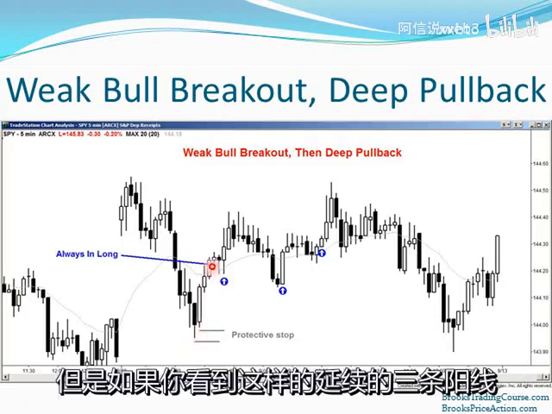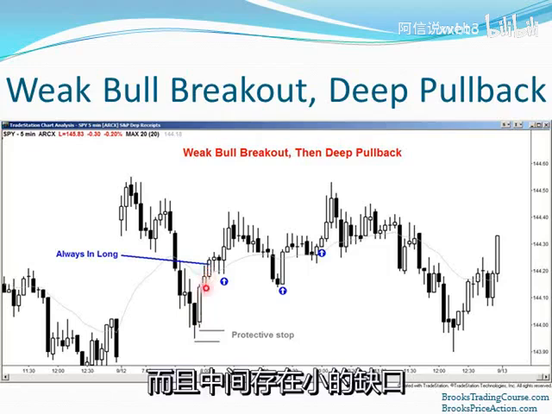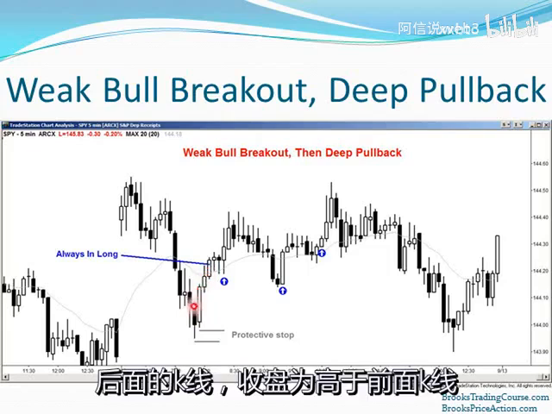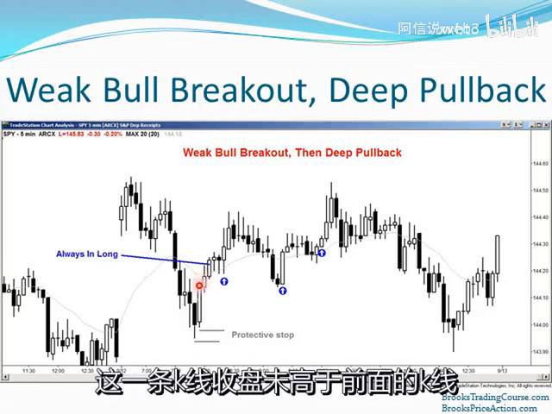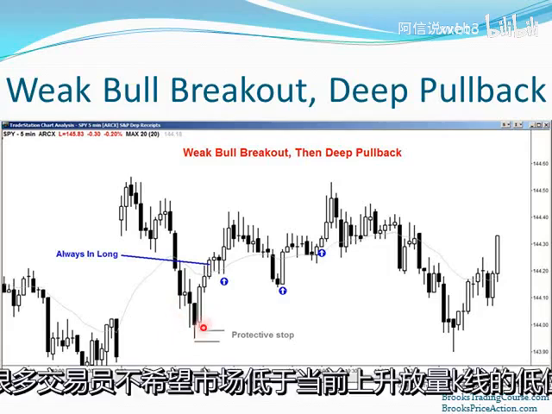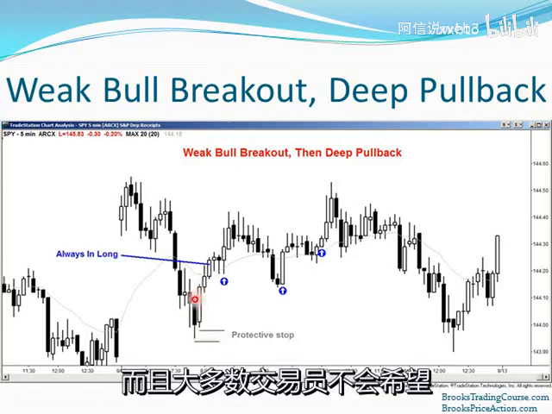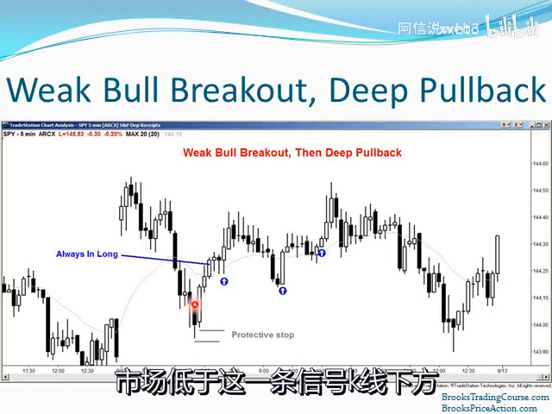However, when you have a 3-bar bull spike that looks like this, small tails, gapping up, this bar closes above that bar, this bar closes above that bar, and we have lots of signs of strength that the breakout is strong. Most traders would not want the market to come back below the bottom of the spike. In fact, most traders would not want the market to fall more than a tick or so below the top of the signal bar.